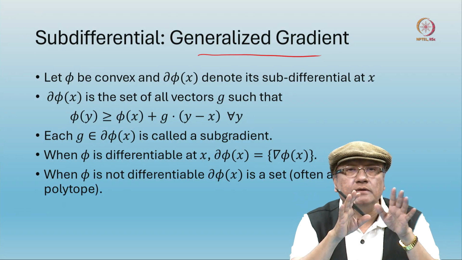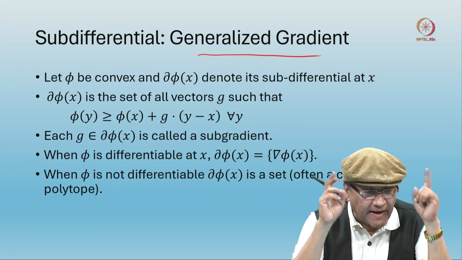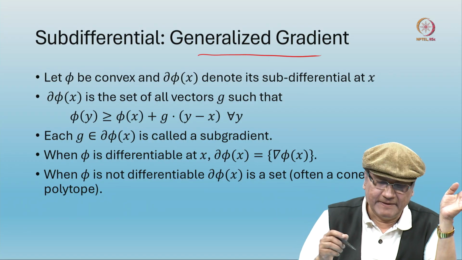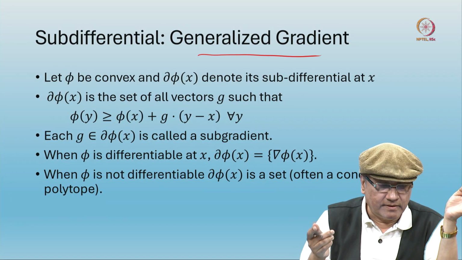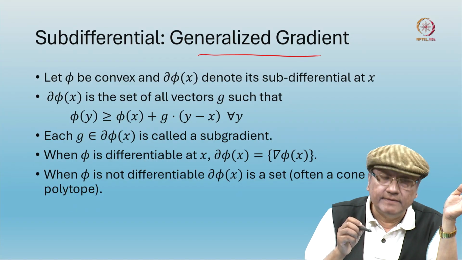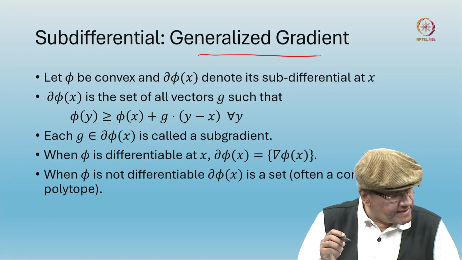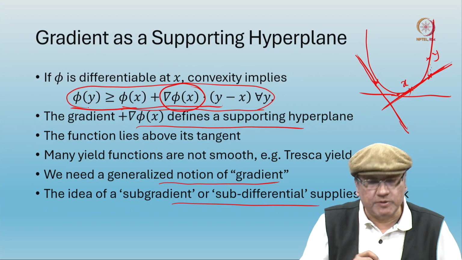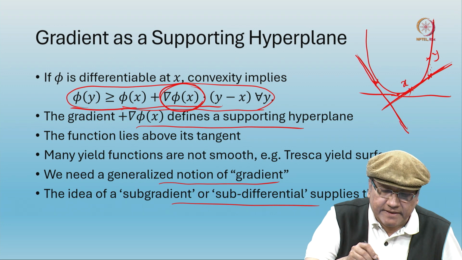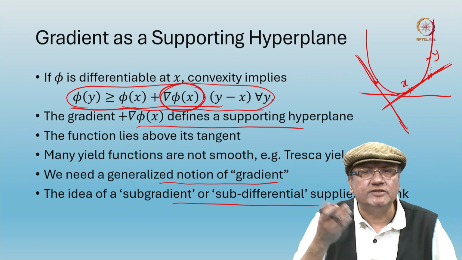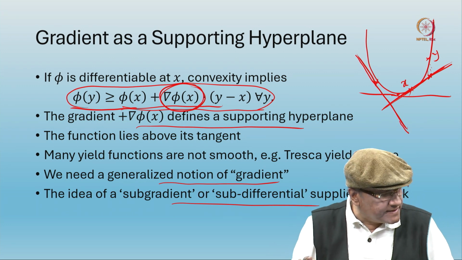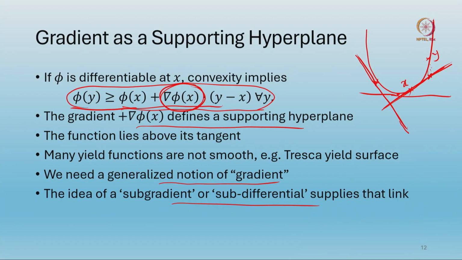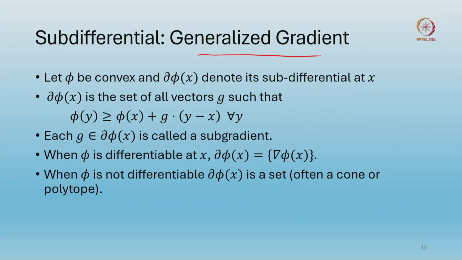There is no difference in that case, but otherwise in general you can define the subdifferential by taking inspiration from this expression. Here this was the gradient. So instead of this, let us call it g. But if grad phi does not exist, then I can still write something like this in terms of the supporting hyperplanes.